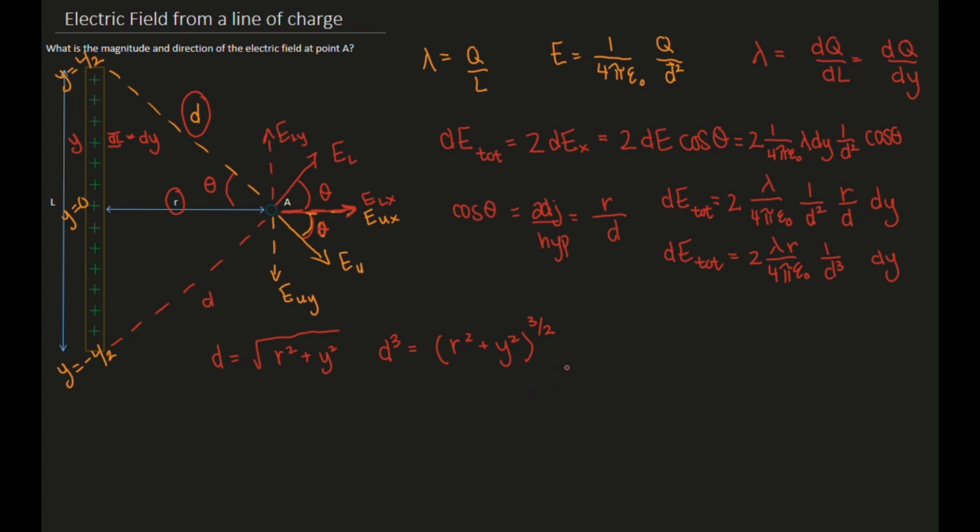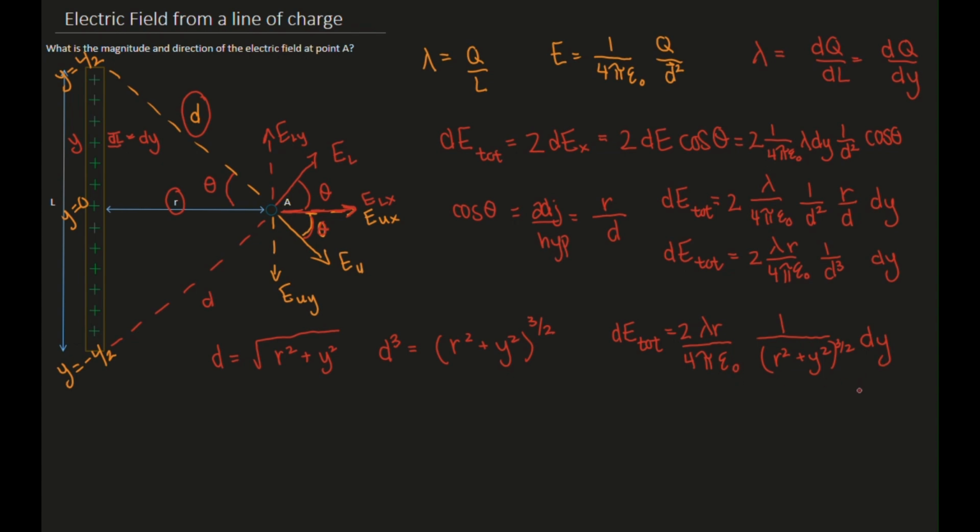And so our dE total becomes 2 lambda r over 4 pi epsilon naught, and this is 1 over r squared plus y squared to the 3 over 2 dy. Now it's in terms of something we can integrate.